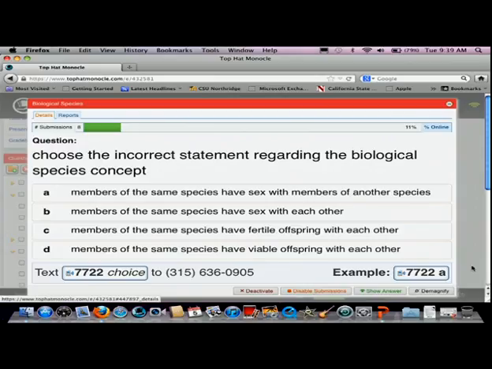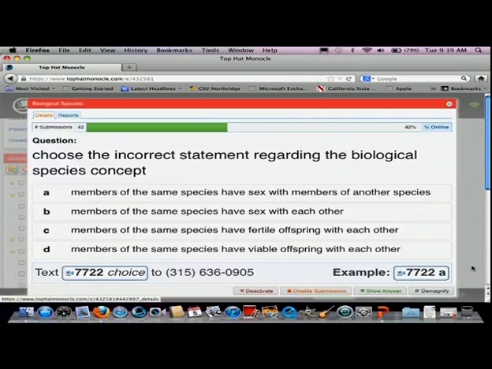So it turns out they're trying to run a business, so they got to make some money. All right, so choose the incorrect statement. Always watch out for these on quizzes and exams. Incorrect. Sometimes I have to say over and over in my head, what's not true? Is this not true, not true, not true? You're looking for the not true. Our brains like to look for things that are true. That's just human nature.